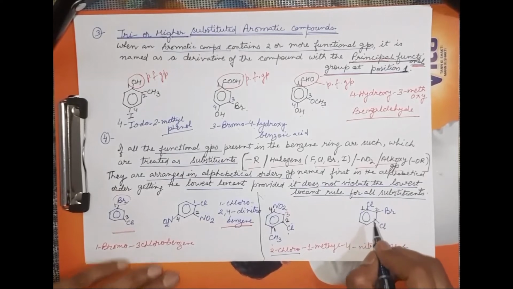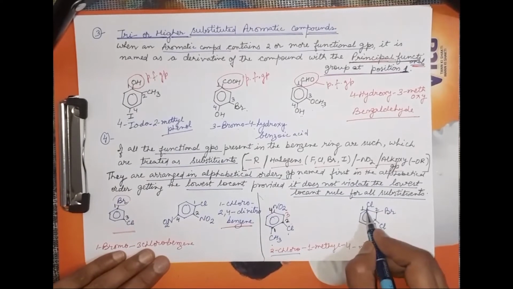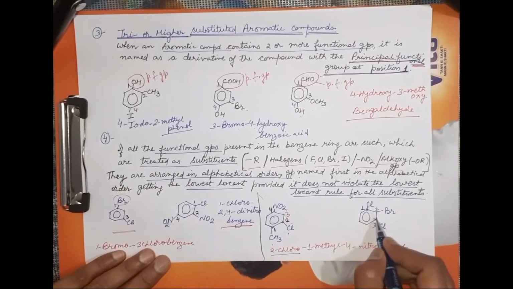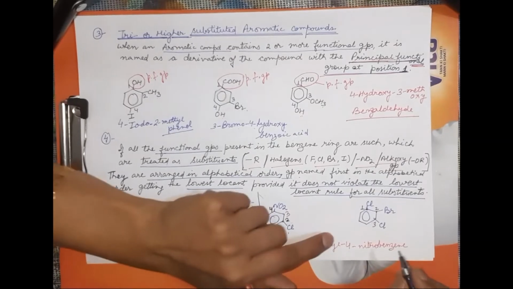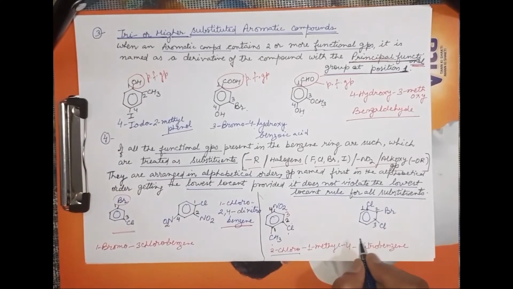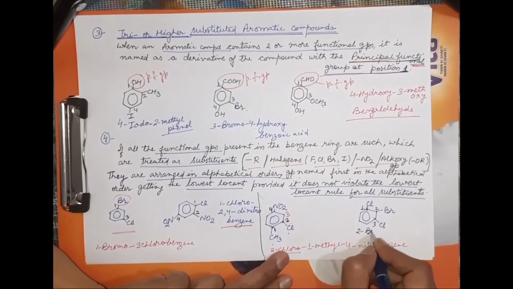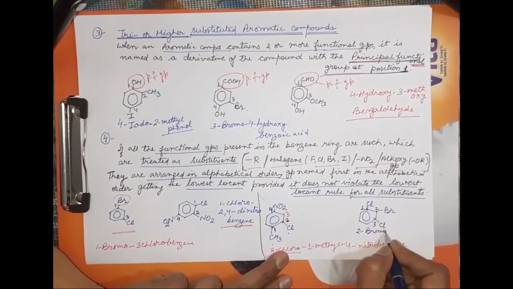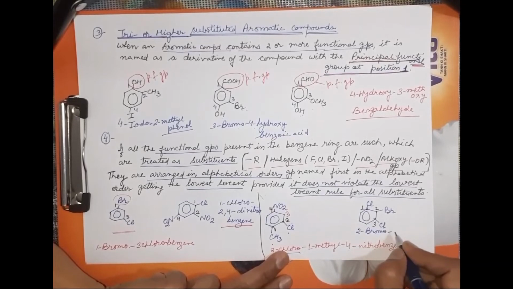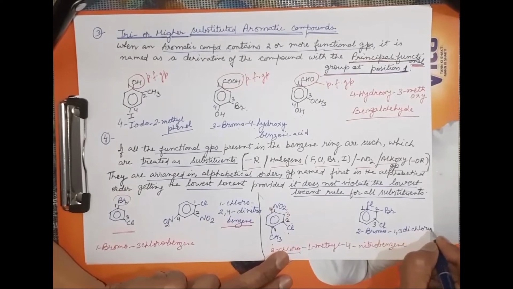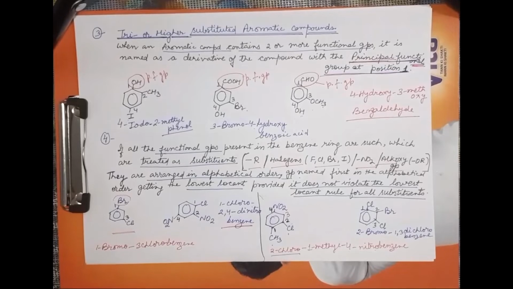So in this case also we will start numbering from this 1, 2, 3. So the name will be 2-bromo-1,3-dichlorobenzene. So this will be the name.